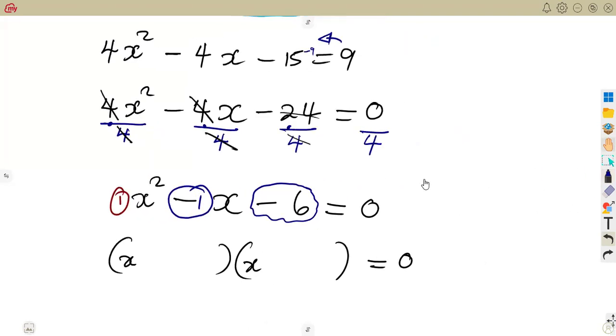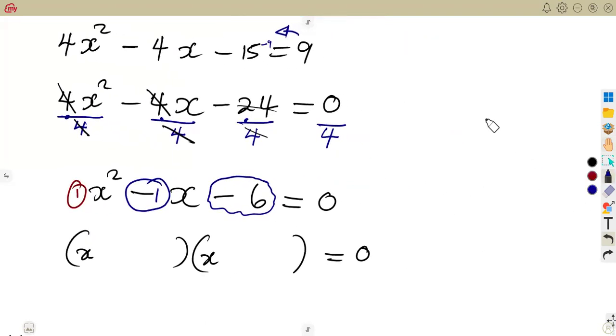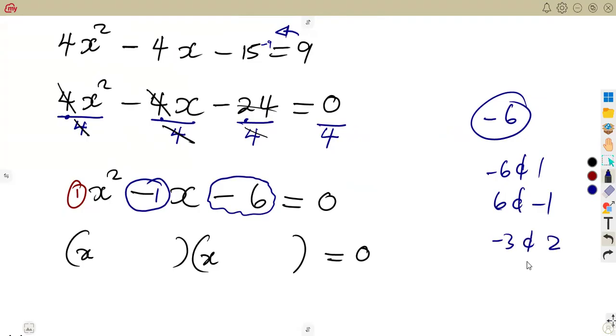Do we have such products of minus 6? We've got minus 6 and 1, 6 and minus 1, minus 3 and 2, 3 and minus 2. All these are products of minus 6. But which pair, when you add, gives a negative 1? That's minus 3 and 2. So we've got minus 3 and a plus 2.